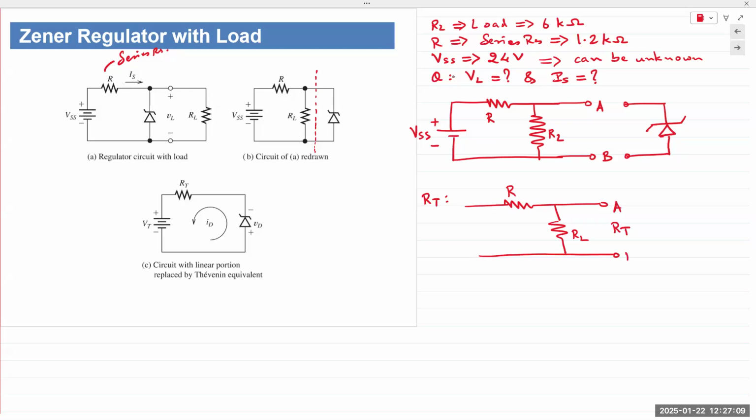Again, terminals of analysis are A and B. So RT is measured between A and B. And what do we do with the voltage source to find Req? We reduce it to 0, so we replace it with a short circuit. So what is RT?